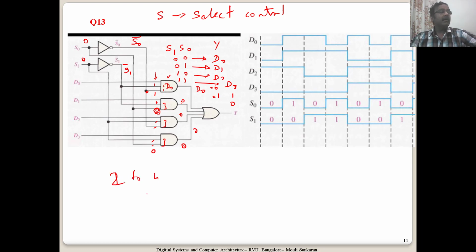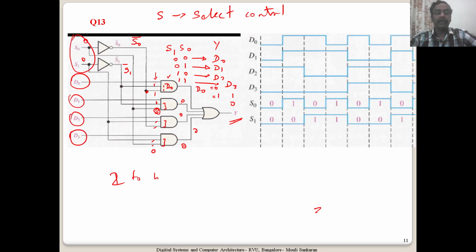Now I am giving a selection of this multiplexer. Actually what we are doing is, one of the inputs will be the output. So what is a multiplexer? It will either get an output directly from D0 or D1 or D2 or D3. How do you choose it?